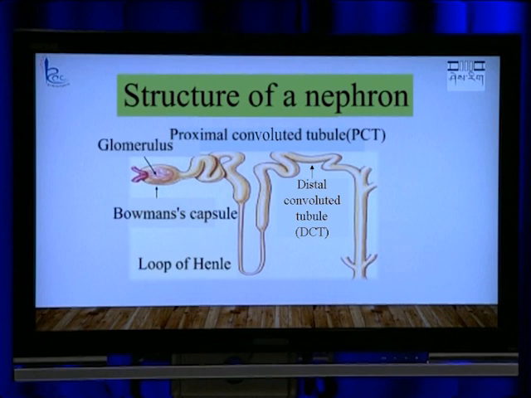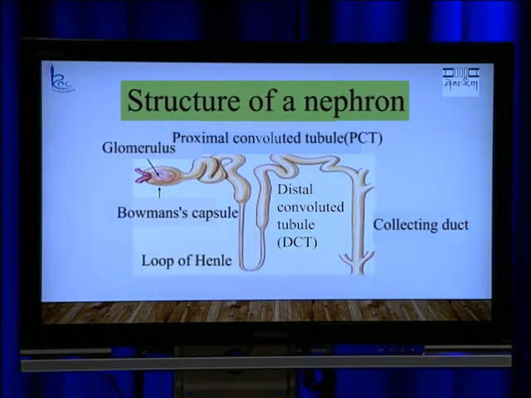Finally, the DCT connects to the common duct called the collecting duct, where the urine formed will finally be collected. So, these are the main parts of the nephron.